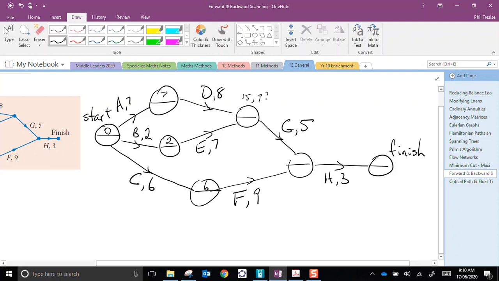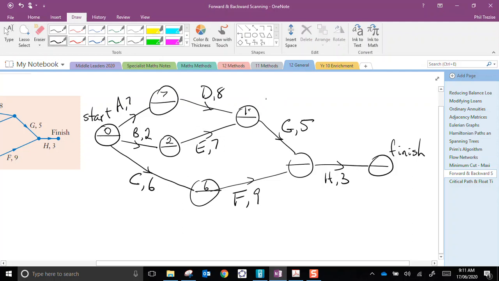Well, remember I said that both D and E are immediate prerequisites of G. We cannot begin G until we have finished both D and E. Obviously it's going to take longer to complete D. D was 7 plus 8 is 15. I cannot begin G until 15 minutes has elapsed.